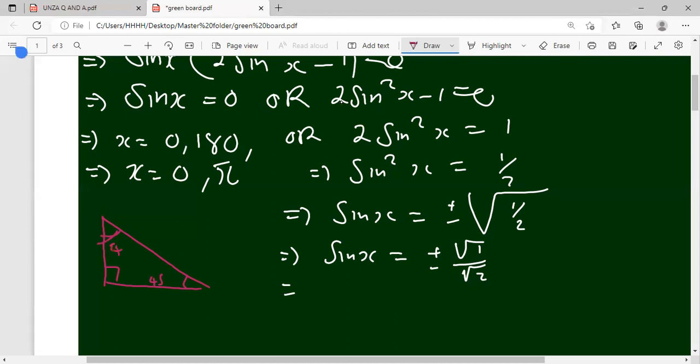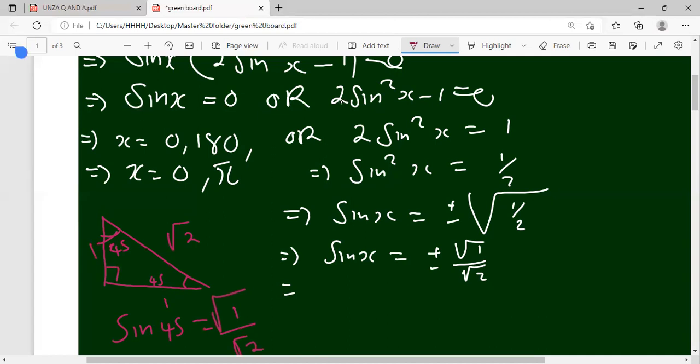So this side is 1 and this is 1 and this is the root of 2. So sine of 45 is equal to the opposite, which is 1, over the root of 2, which is the same as this.